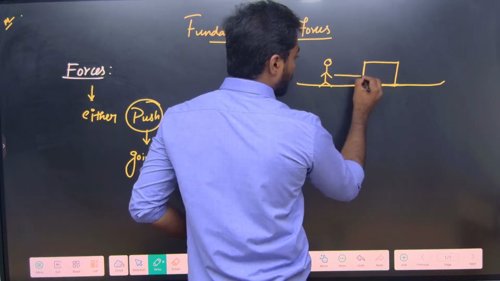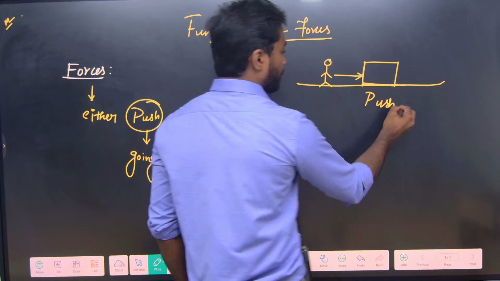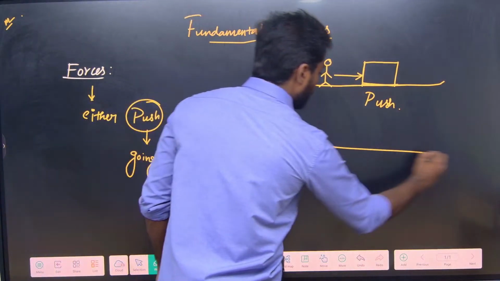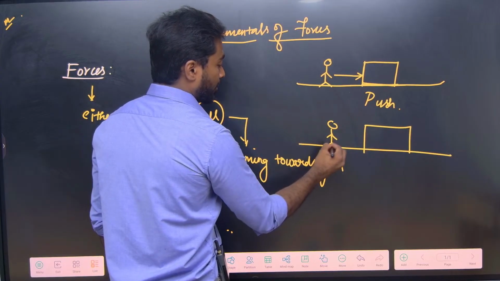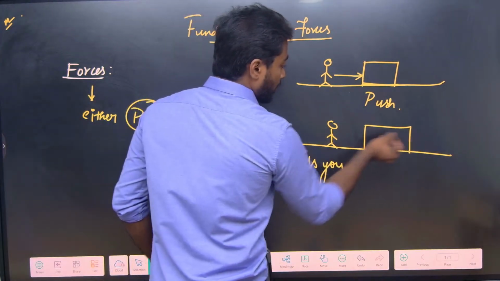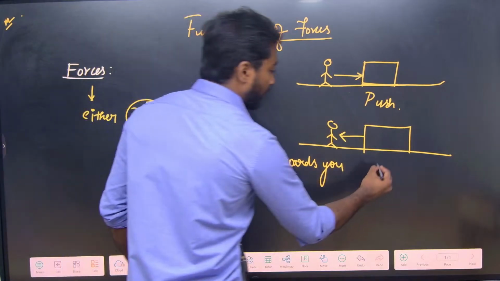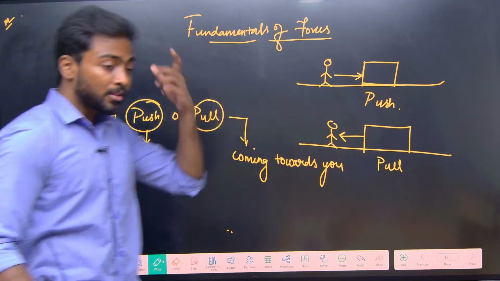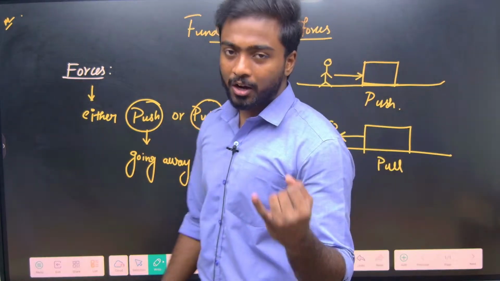I need to give the force in this direction, which means this is push. Similarly, there is an object and a person is there, and if I want to get the force in the left direction, which means I need to pull towards me. So what is this one? It is pull. So the first one is push and the second one is pull. This is the basic terms of the force, either it's called push or it's a pull.